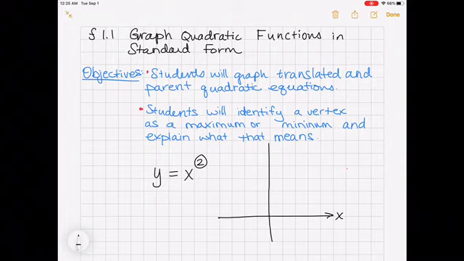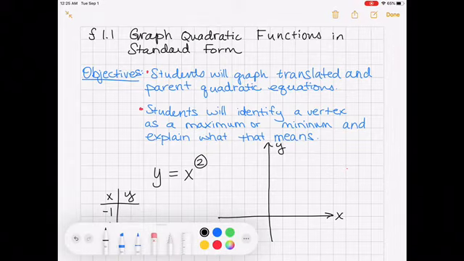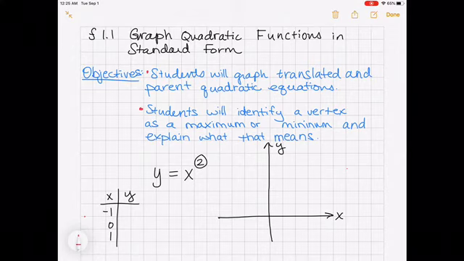here's our x-axis and here's our y-axis. If we were to make a little chart over here for values of x and y, let's just pick a few values for x. If I chose 0, 1, and -1, then when I input 0 for x, y equals 0 squared, which is just 0.